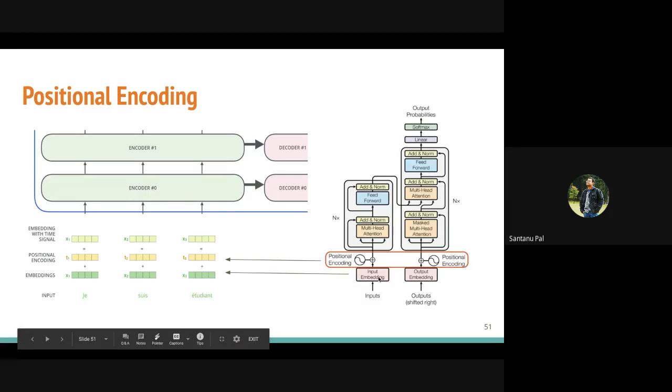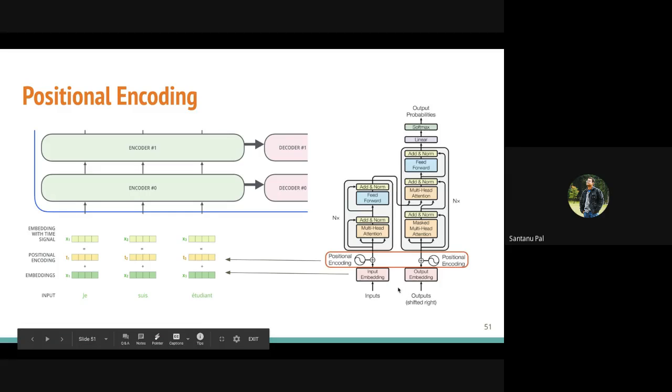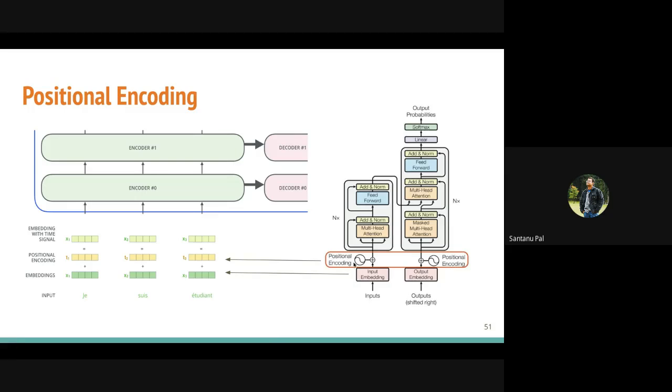So that is why we need to inform the transformer network of the sequence of the input words, because during propagation there is a possibility of forgetting the sequence. That is why positional encoding happens.